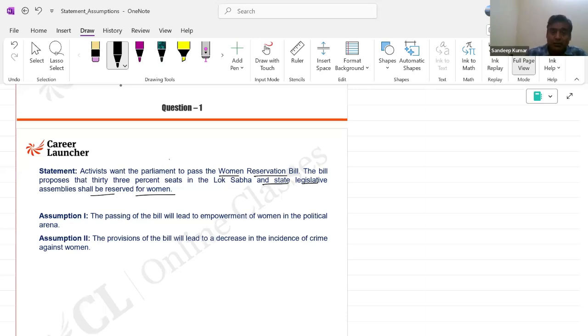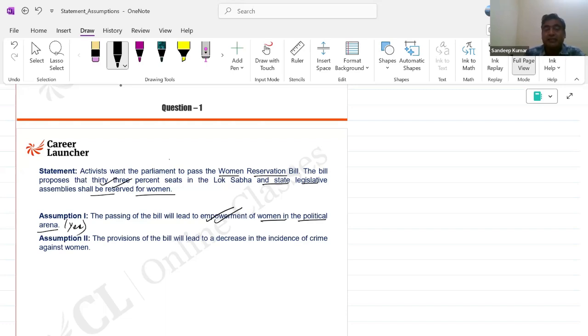The passing of the bill will lead to empowerment of women in the political arena. Now, when 33% of the seats are being reserved in the Lok Sabha and the state legislative assemblies for women, women will have more representation in the Lok Sabha and the state legislative assemblies. Therefore, it will lead to an empowerment.